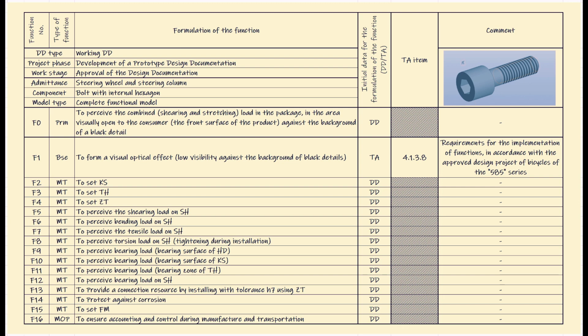I think the logic here is clear. At an earlier stage of product design documentation, more abstract product models are formed. At later stages of work in design documentation, small parts are designed, which includes the bolt and bushing.